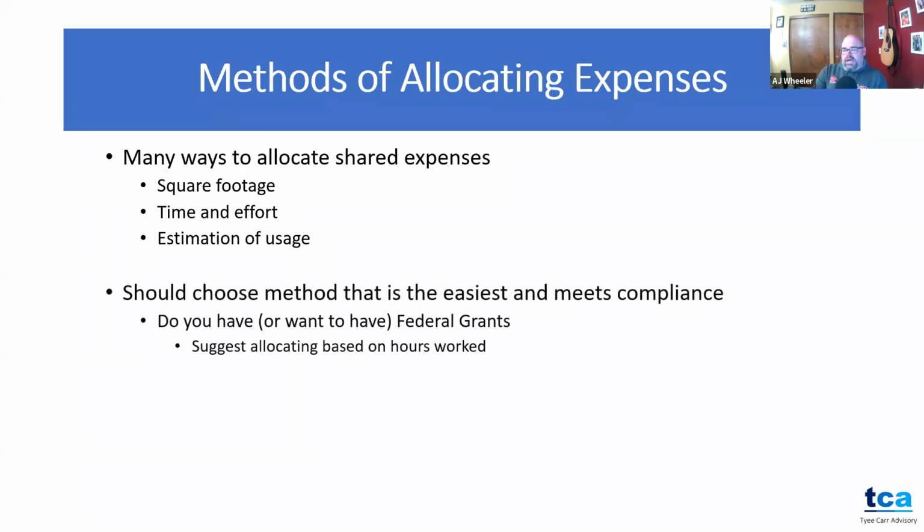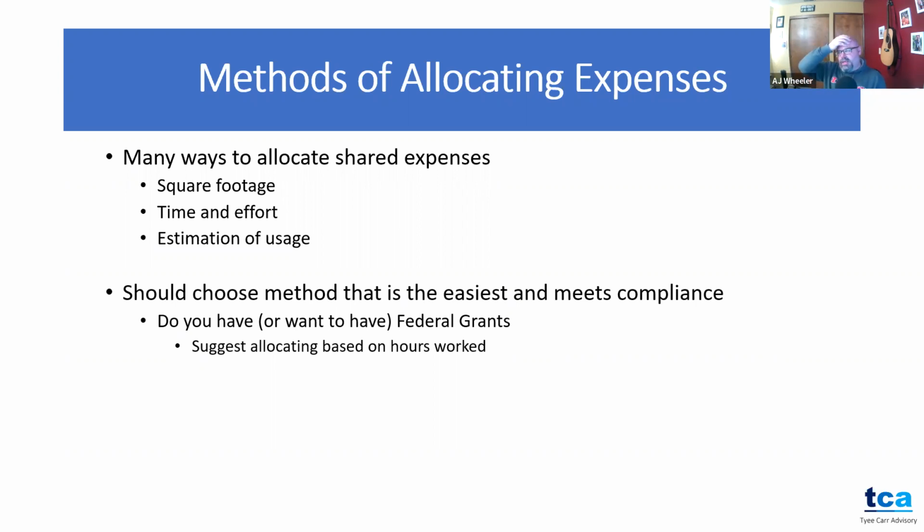So you should choose the method that is easiest and meets compliance. Do you have or want to have federal grants? Federal grants are very particular about how allocations are done and making sure that the method that you're choosing meets the compliance behind the grant.